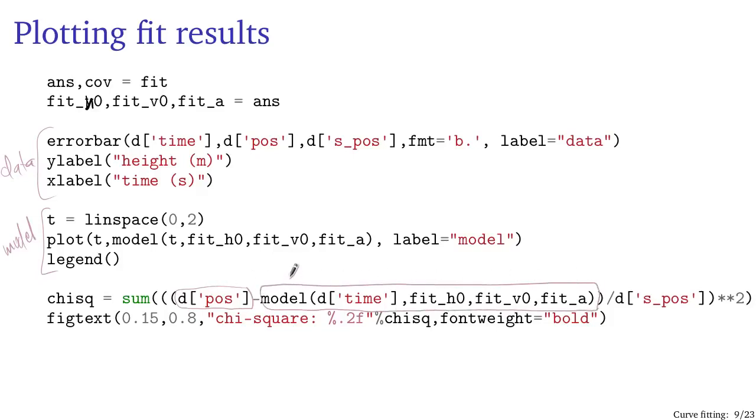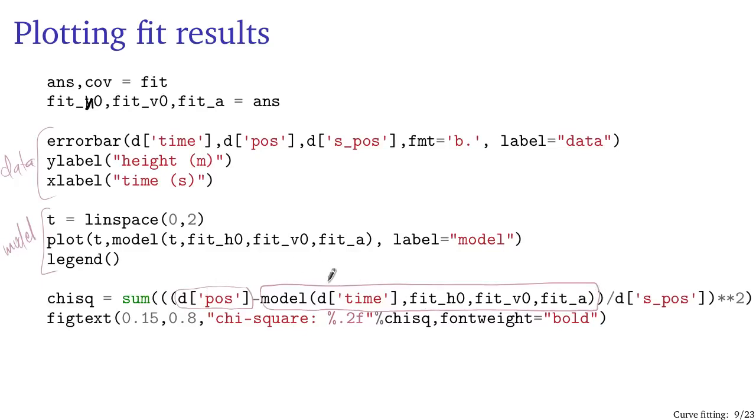This is data minus model. The model now, instead of evaluating it at all of the dummy coordinates, I only need to evaluate it at the coordinates that actually exist in the data set. So I'm going to use the time column from my pandas data frame as if it were the time argument in the function for the model. I'm going to use the fit results as the additional arguments for the model.